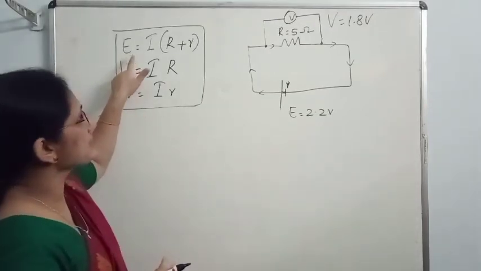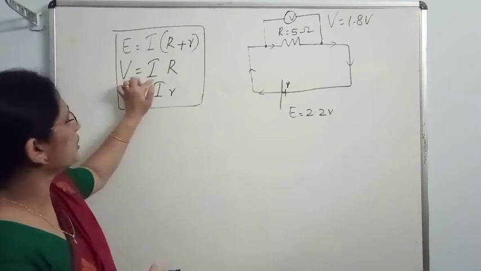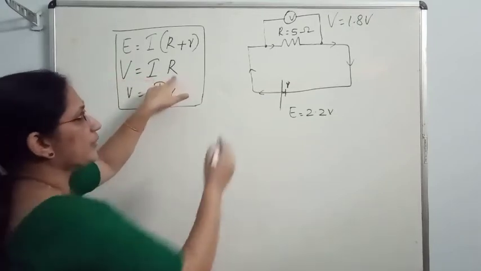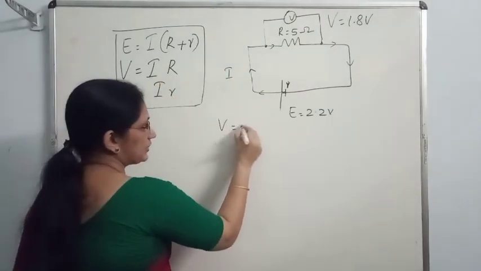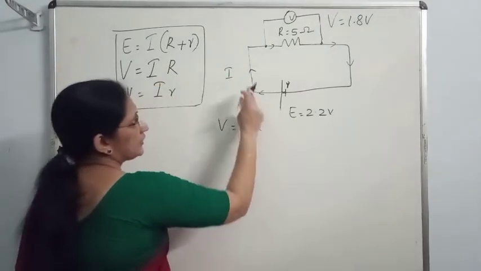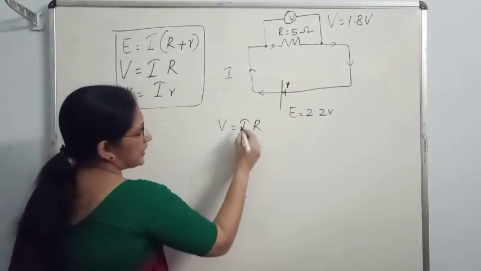First, by using this formula, V is equal to I into R, you can find out how much is the current flowing. V is here, R is here, so I you can calculate.